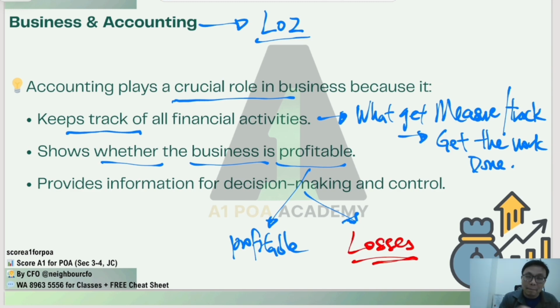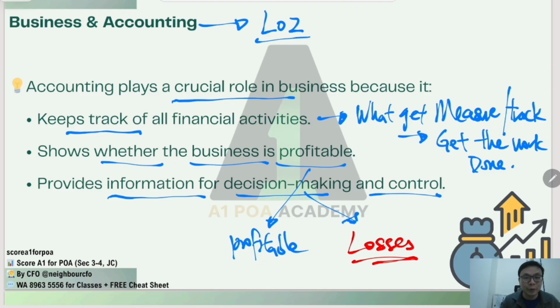But the thing is that companies do make losses. If they make losses and couldn't reverse the situation and subsequently make profit to compensate for the losses, in the long run the company will be at the verge of closing down. Next, accounting also provides information for decision making and control, as I mentioned earlier on.